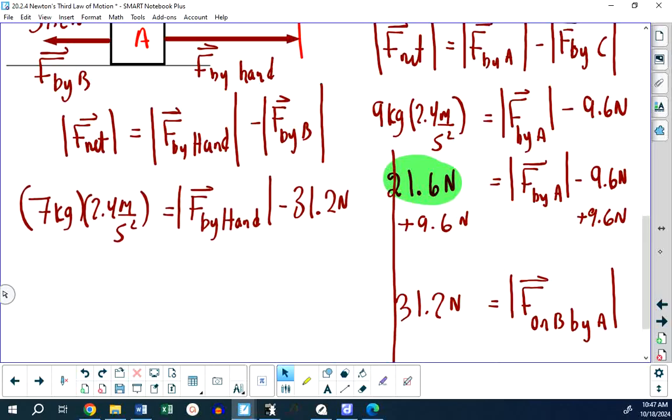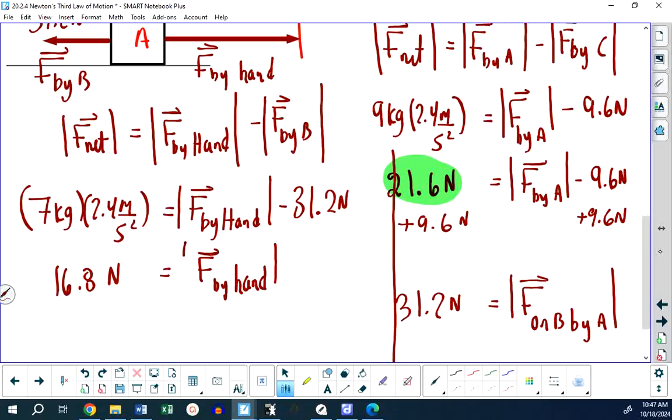And you can confirm that this is 16.8 newtons, somebody? Okay. So the answer to the question will be whatever 16.8 plus 31.2 is, and by my count that gives 48 newtons.